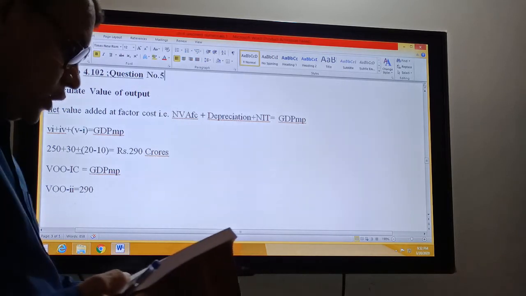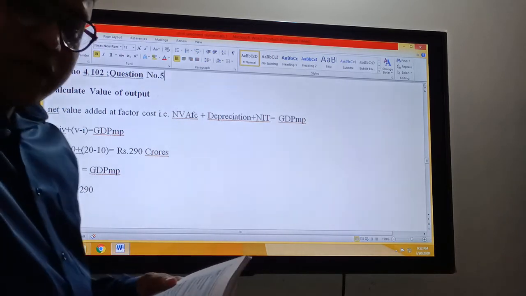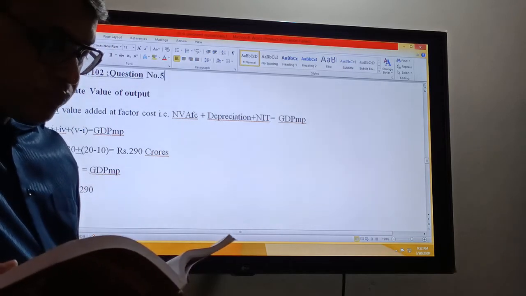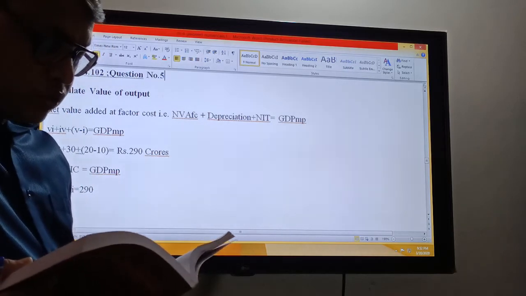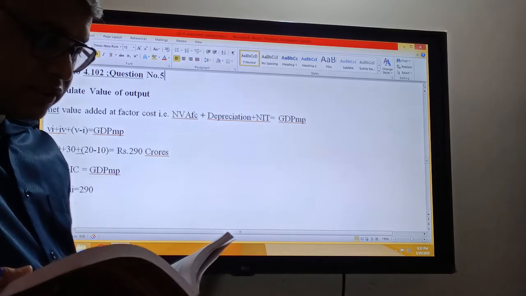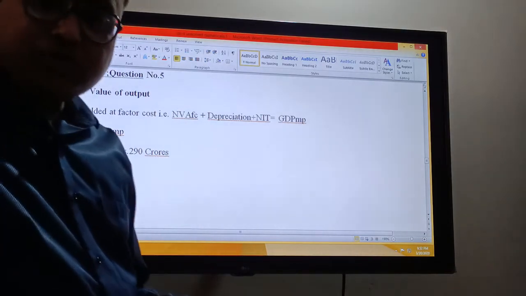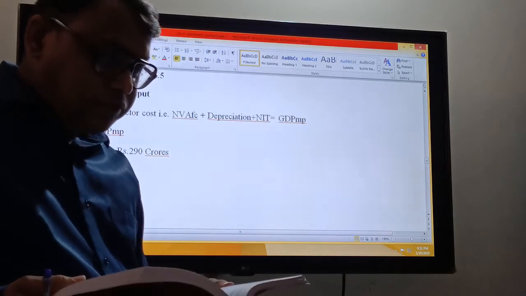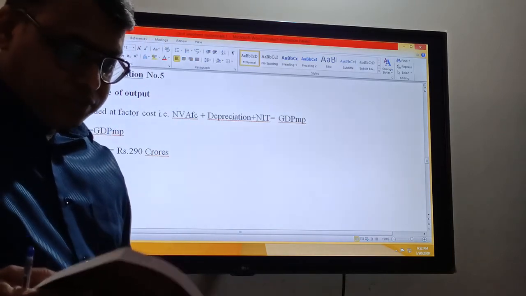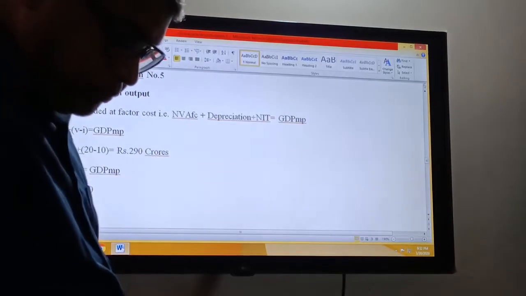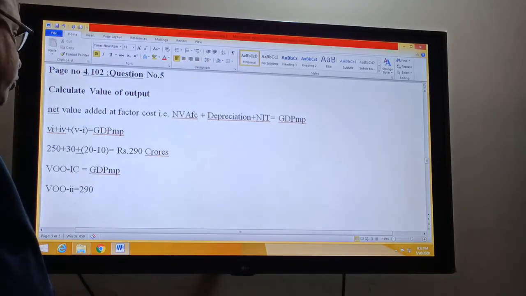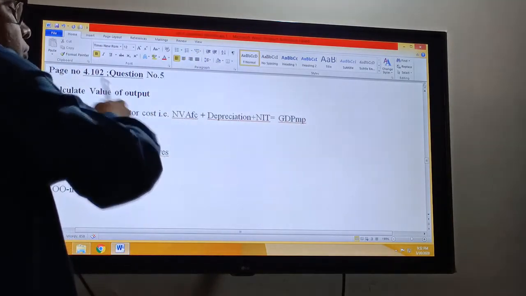Calculate value of output from the following data. You are given subsidies, intermediate consumption, net addition to stock, depreciation, GST, net value added at factor cost. Now start the question. This time we'll get value of output from NVFC.